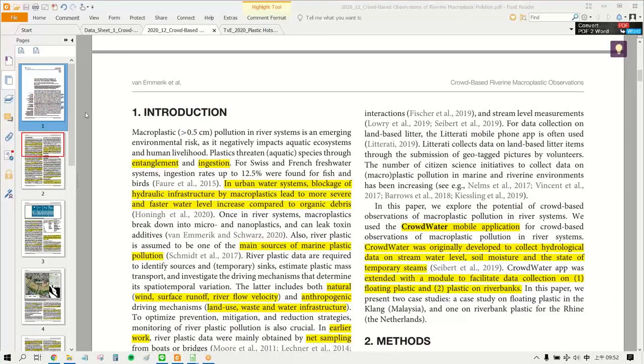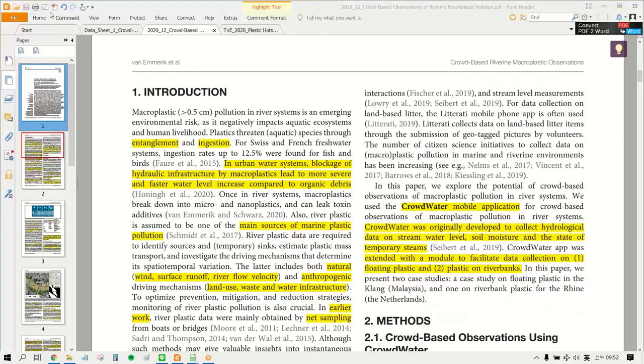So I start from the introduction. Everybody knows microplastic threatens species through entanglement and ingestion. And in urban water systems, blockage of hydraulic infrastructure by macroplastic leads to more severe and faster water level increase compared to organic debris like driftwood or leaves.